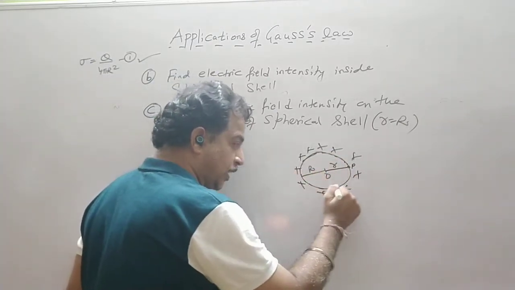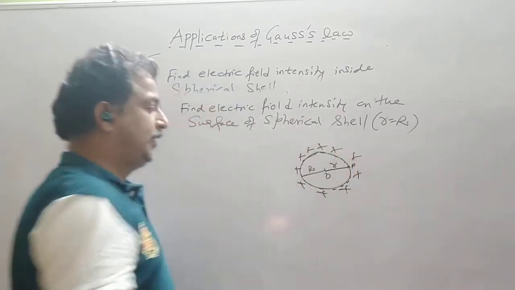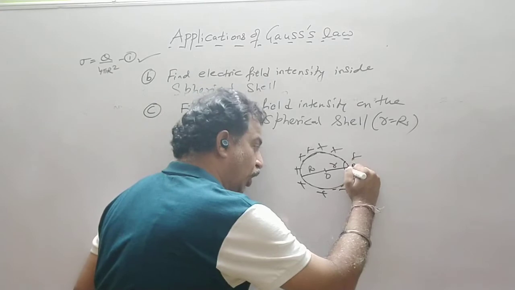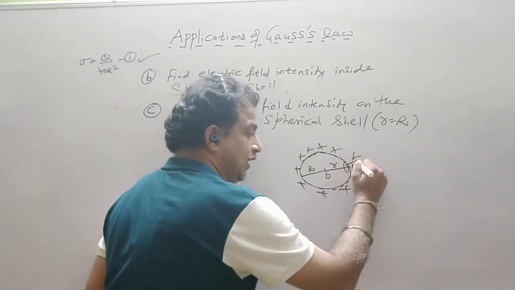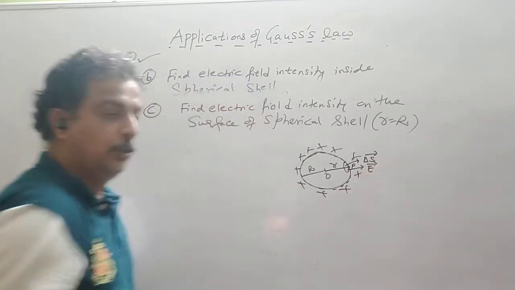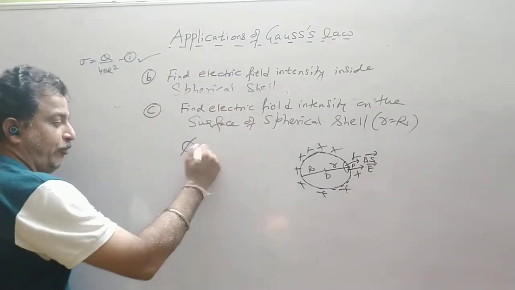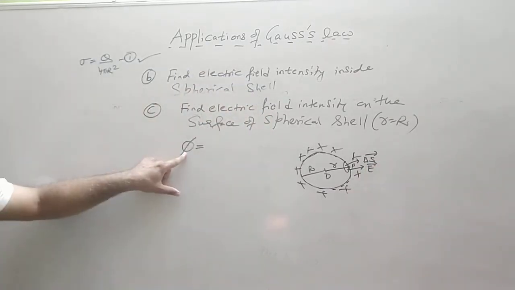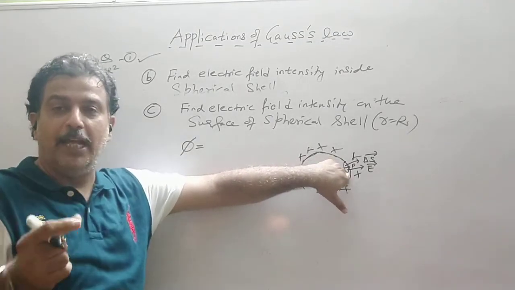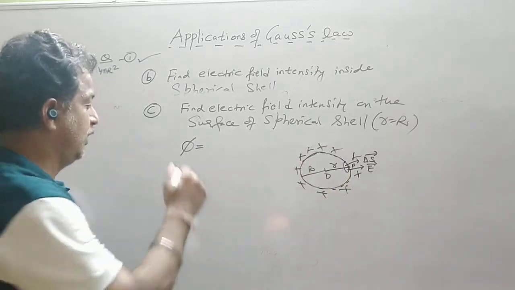So this hollow sphere itself becomes the Gaussian surface. Now again I take a small element, this delta S. The field lines are radially outward. So first I apply the formula. Now I am writing the total flux. You find the flux for a small element, then you do the summation directly.